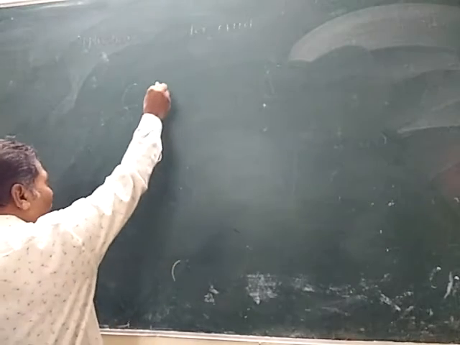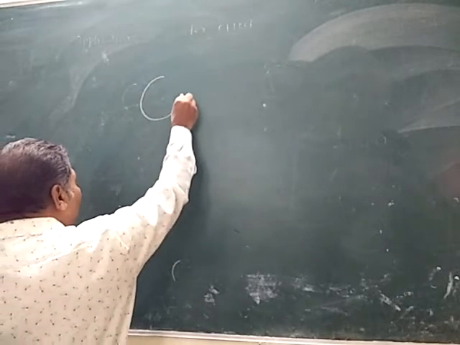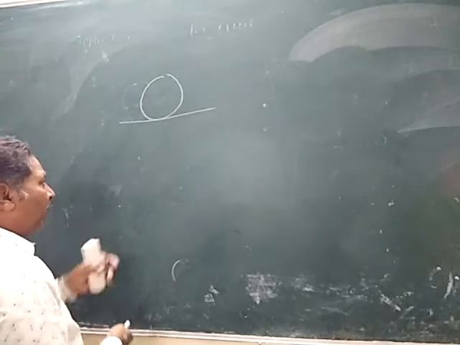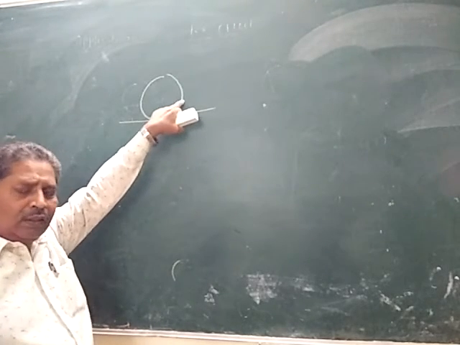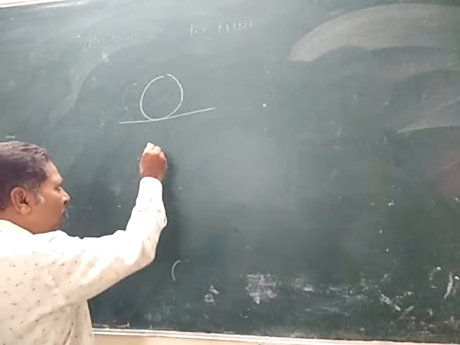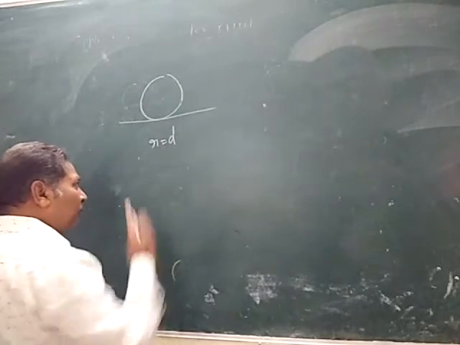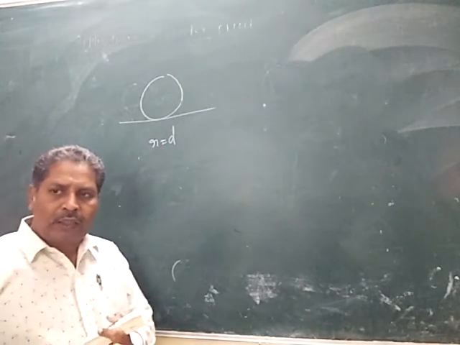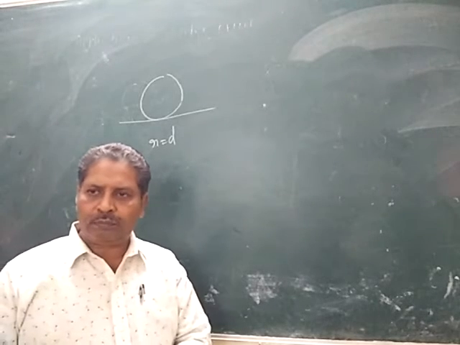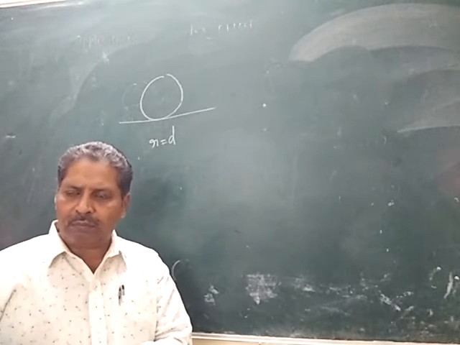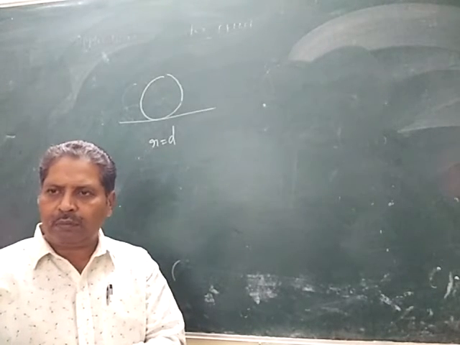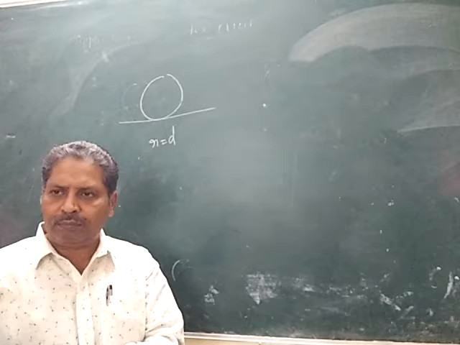Next, suppose a line touches the circle. Then the condition is R equal to D. That is called the tangent condition. What is R? R is the radius of the circle. What is D?